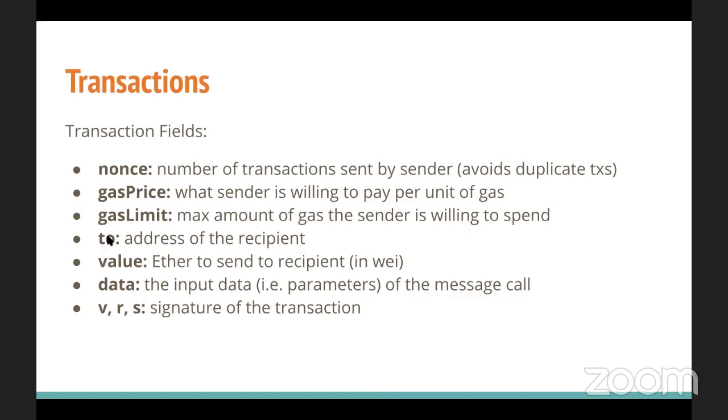Then you have the recipient address, which is the "to". It can be an externally owned account or a contract account. And also you have the value. The value is, for example, when you are sending Ether to another account, you set a number in this value.